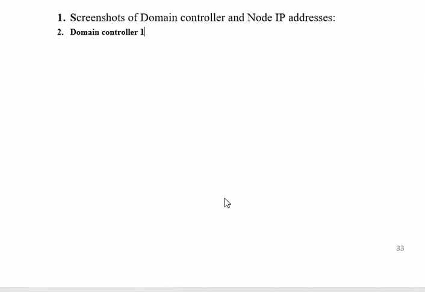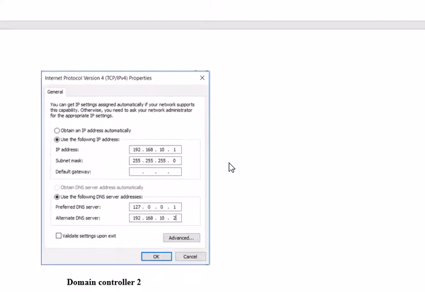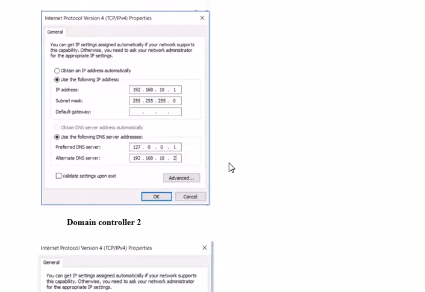And here we used VMware to set up the domain controllers and node IP addresses. Here's the internet protocol, and we set the IP addresses and the subnet masks.